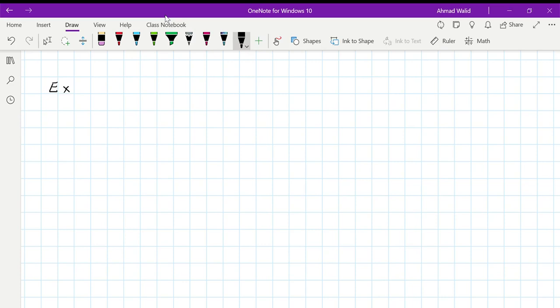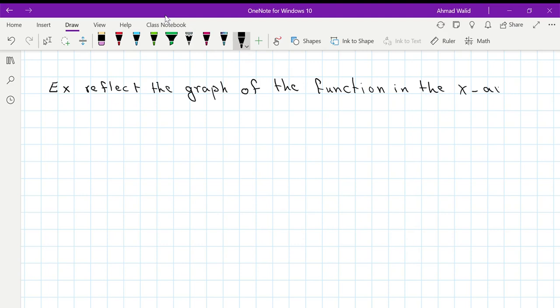In this example, we want to reflect the graph of the function in the x-axis, or even if they don't tell you, they give you a function like this.